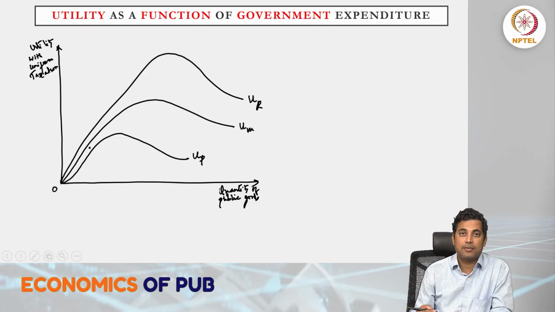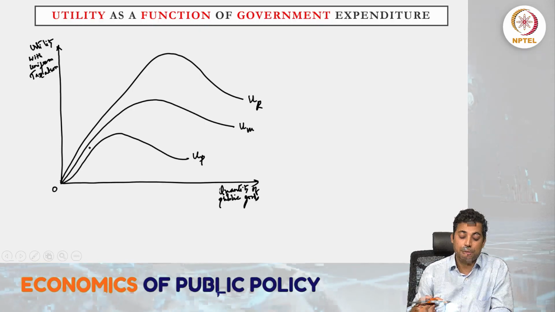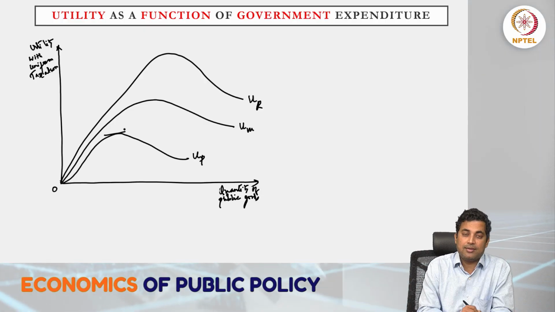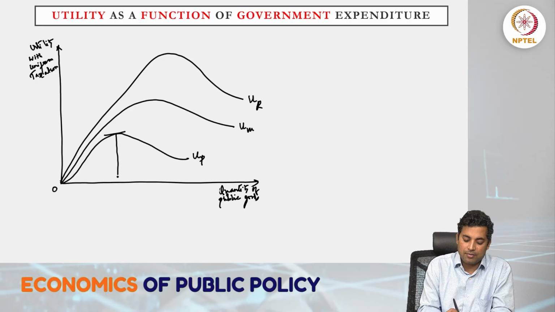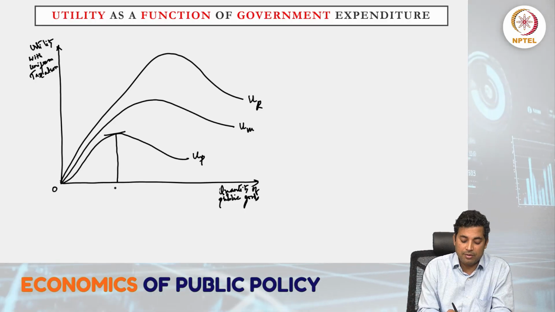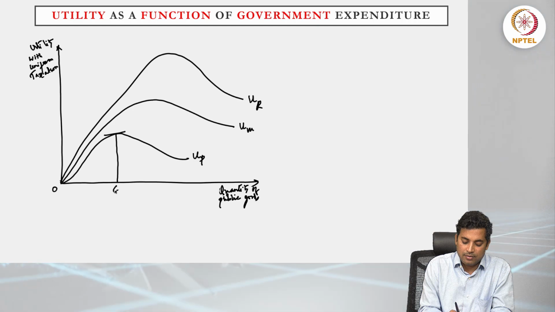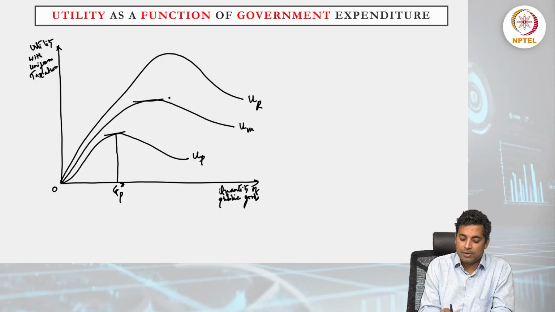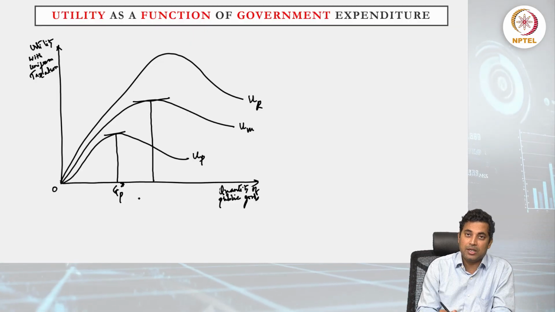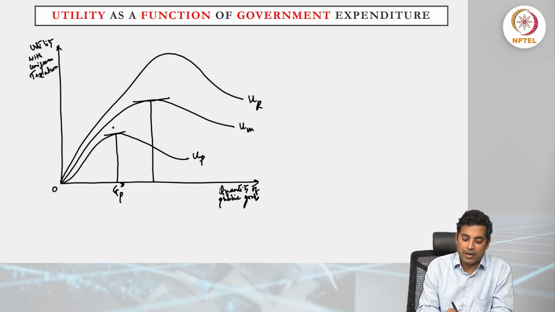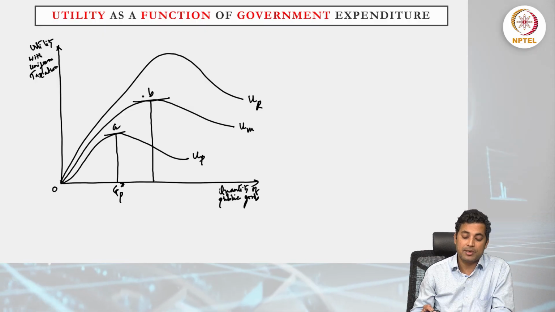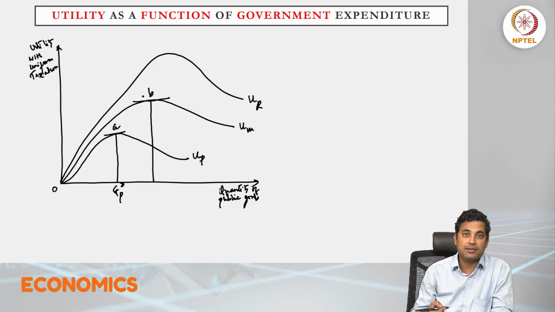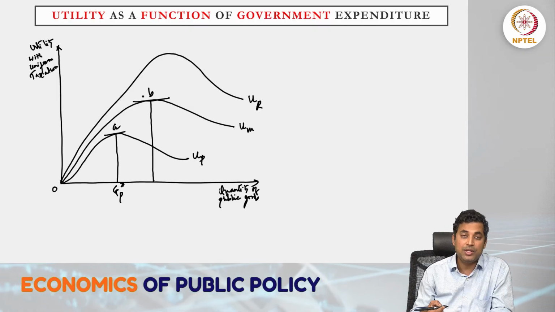So every person or every group has different utility along with the types of taxation. Here the poor person's utility will be maximum at A, and at that level, the poor person's consumption of the public commodity will be OG star P.